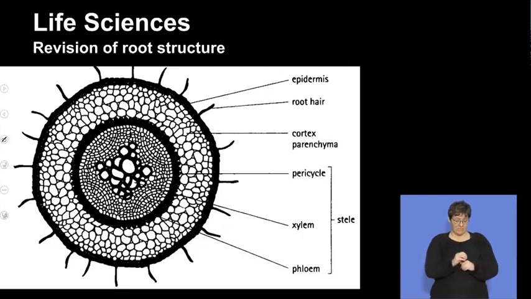So if we have a look, we have the epidermis on the outside with, very importantly, the root hairs to absorb the water. We've got this layer, which is the cortex, and that's mainly for storage. Then in the center, we've got the xylem with the phloem, and then the endodermis and pericycle around the vascular cylinder.